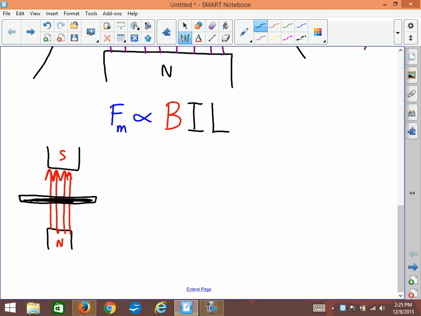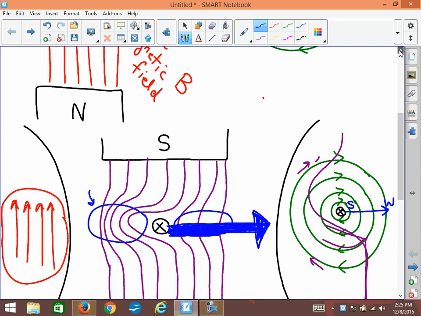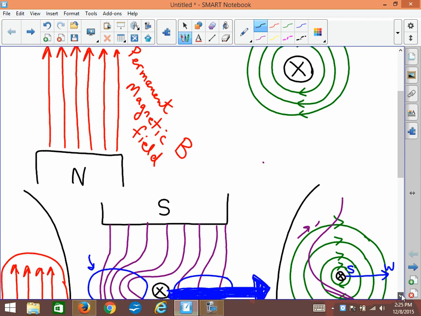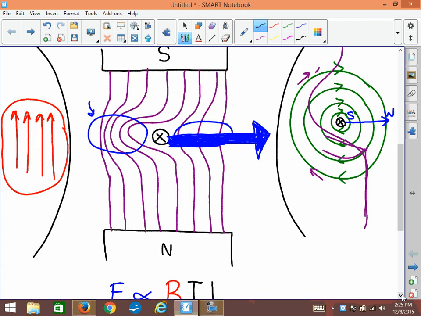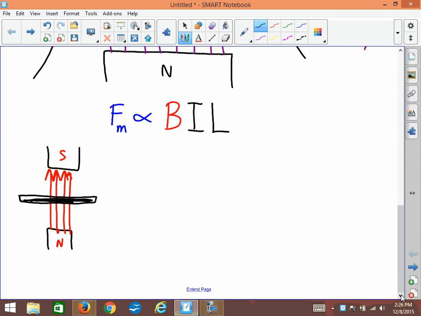If you took this picture way back at the start and turned it on its side, I guess we have to look at this one, the purple one. The red lines are going up, the current's going in, but you can turn it sideways and look like that. What I could do instead is take a conductor and run it through the field this way, couldn't I?